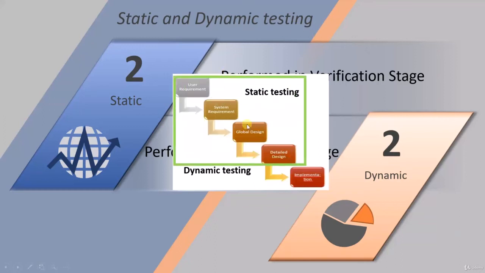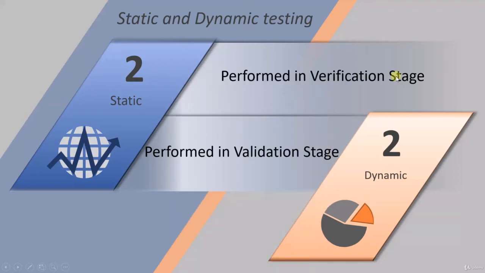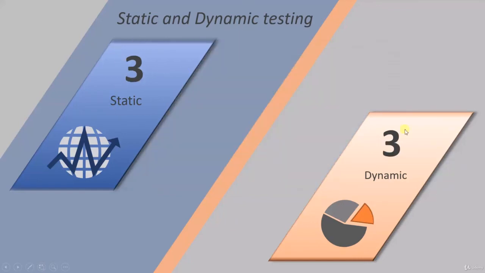The first part is for static testing, but once the code is ready, you can perform the dynamic testing, because now you can run the code. This is why static testing is done in the verification stage, whereas dynamic testing is done in the validation stage. So once you have the code available, you can perform the dynamic testing. Otherwise, it's not possible.